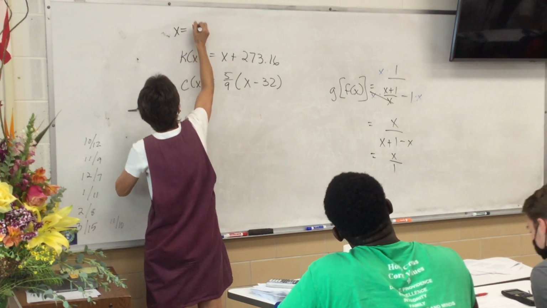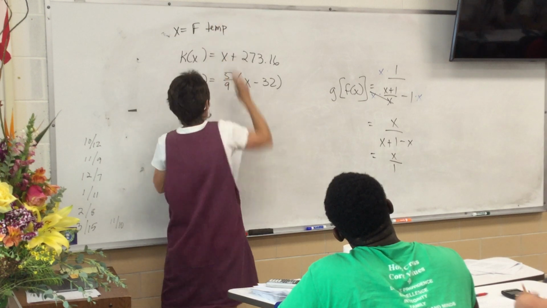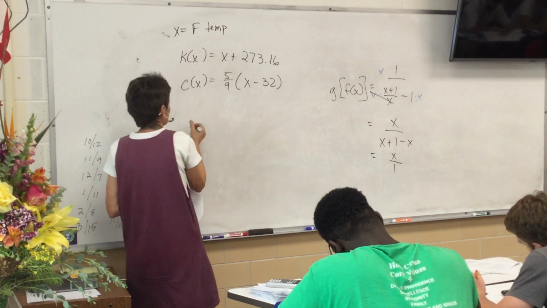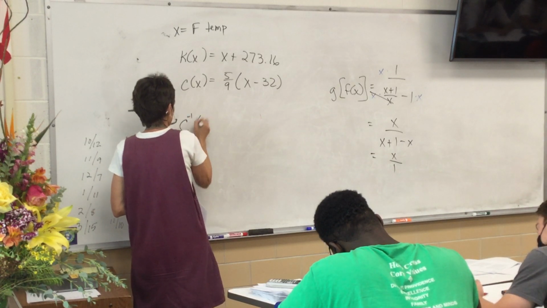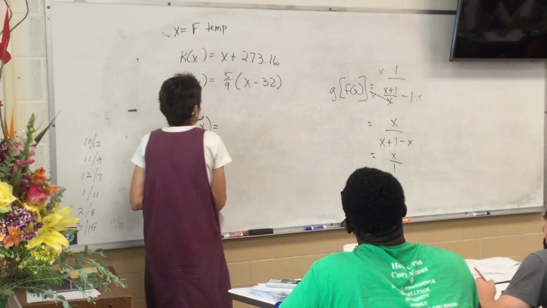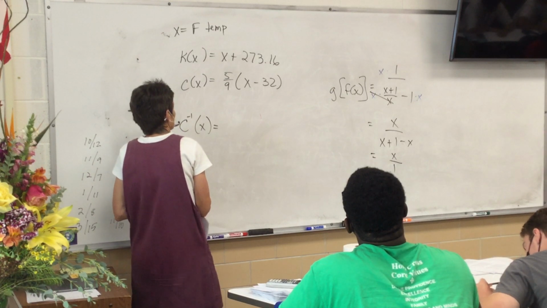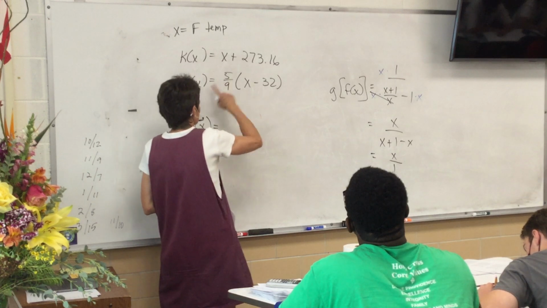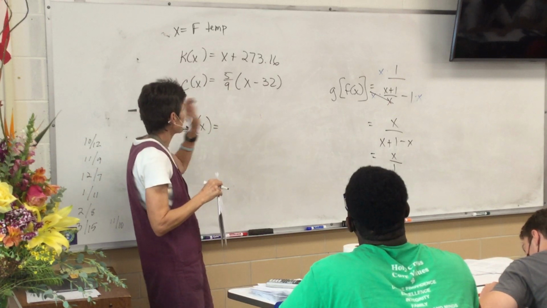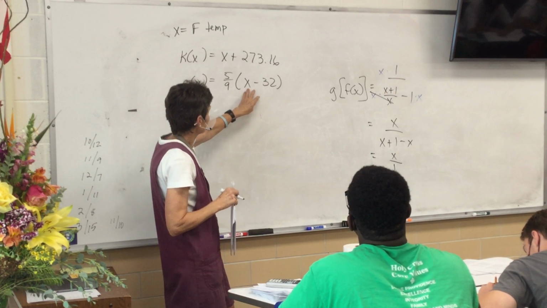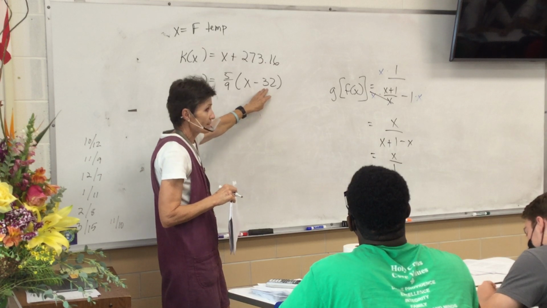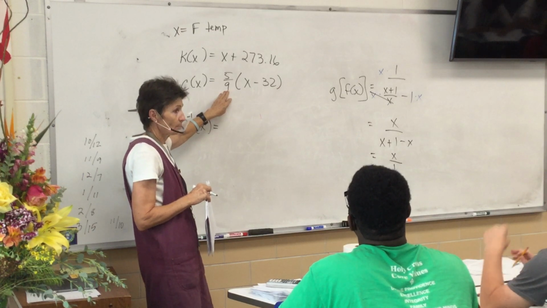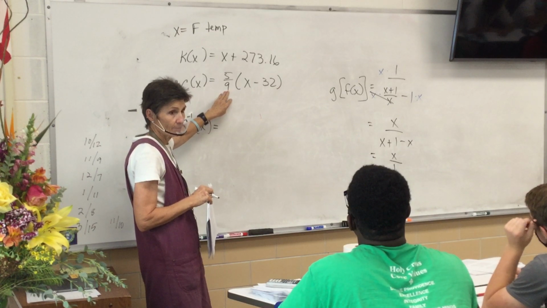Okay, X equals the Fahrenheit temperature. A says find a formula for C inverse. Well, that's easy enough, isn't it? This tells us that we take a temperature and we subtract 32, and then we multiply by 5/9.